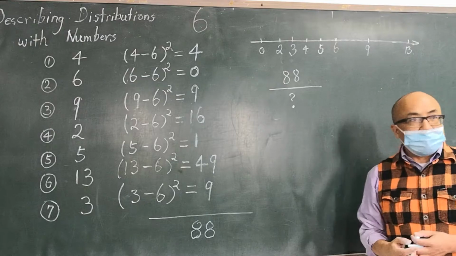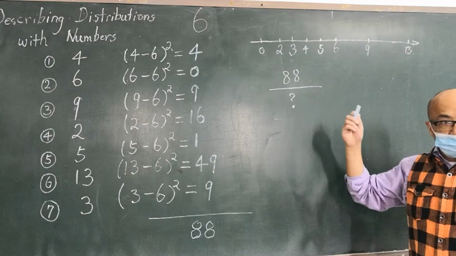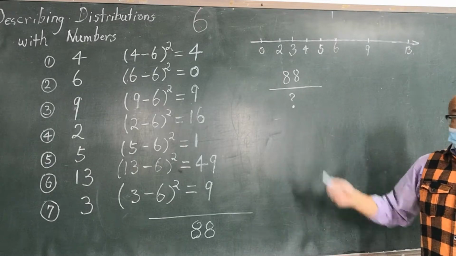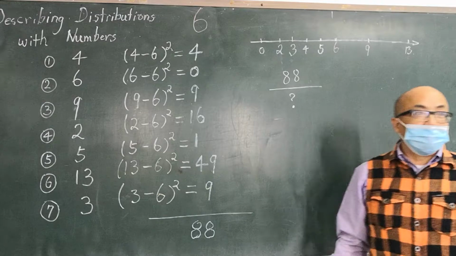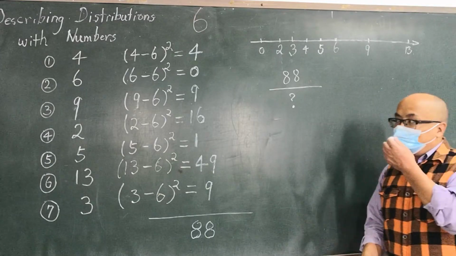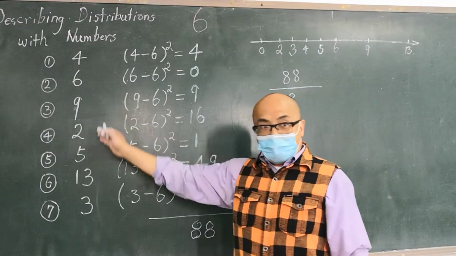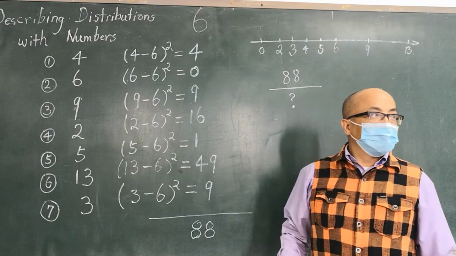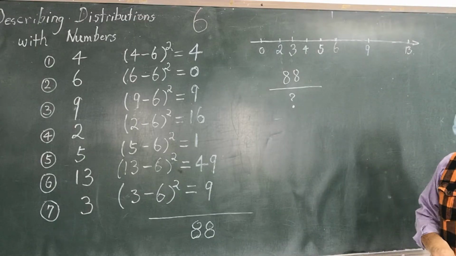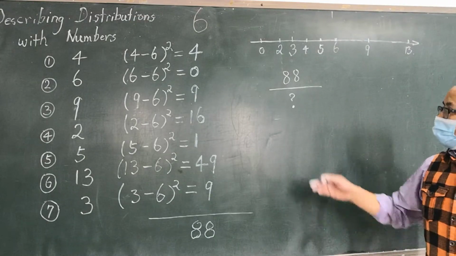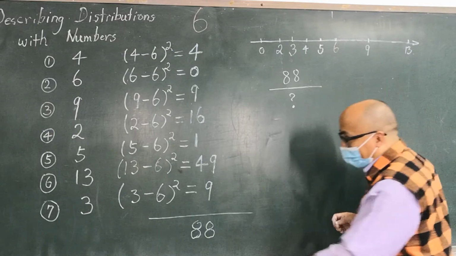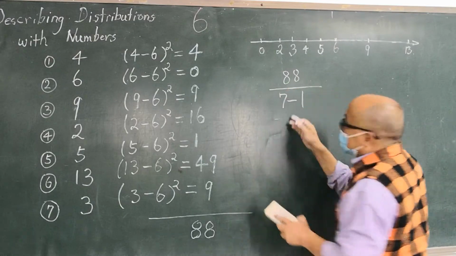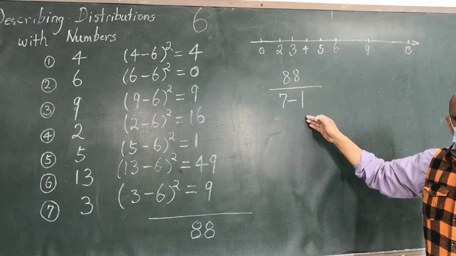Here is a tricky part. What's the number here? If these are samples, and most of the time they are samples, then here it should be divided by 7 minus 1, which is 6.